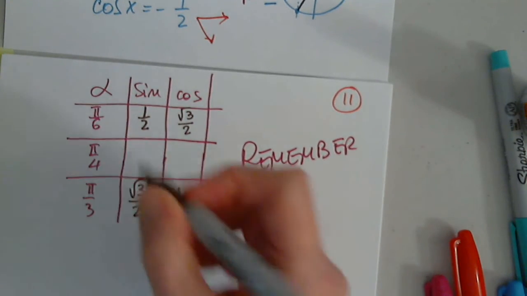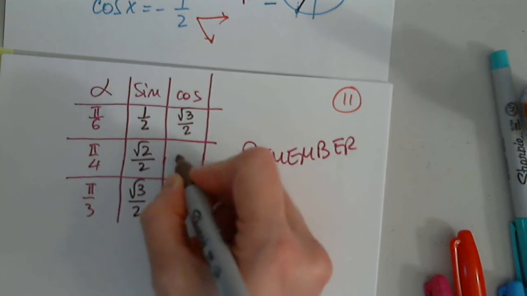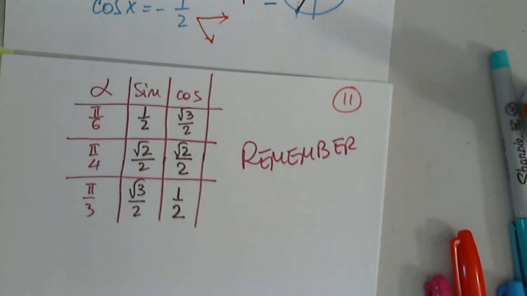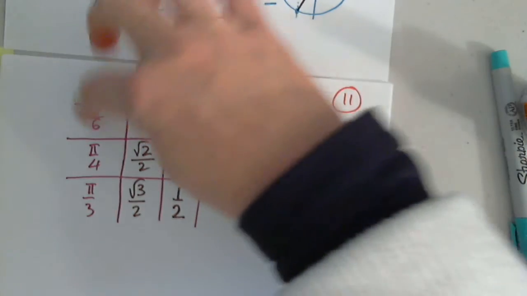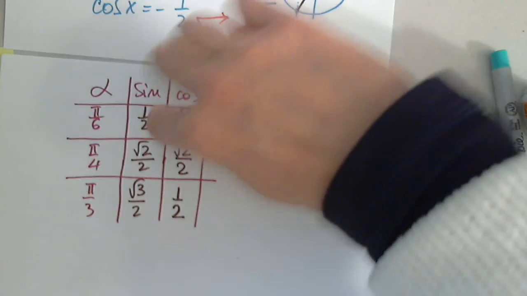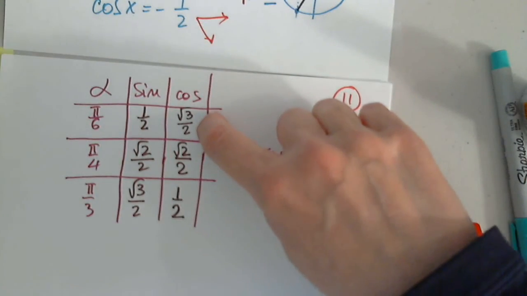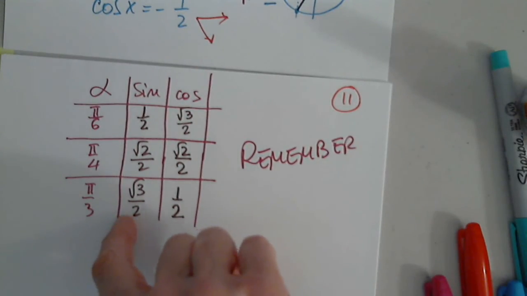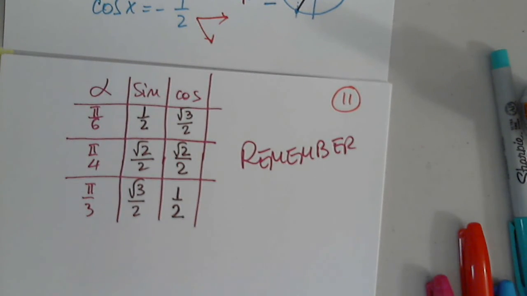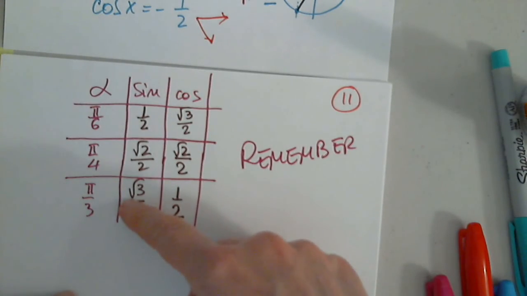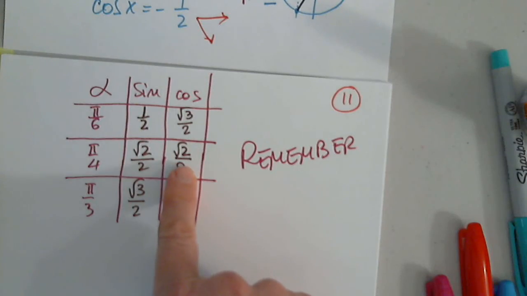This is also the easiest, always the easiest, because the numbers are the same. Always remember this. If you remember this 1/2, then you know it's here. And then the second one is the square root of 3/2, which changes position, the opposite.